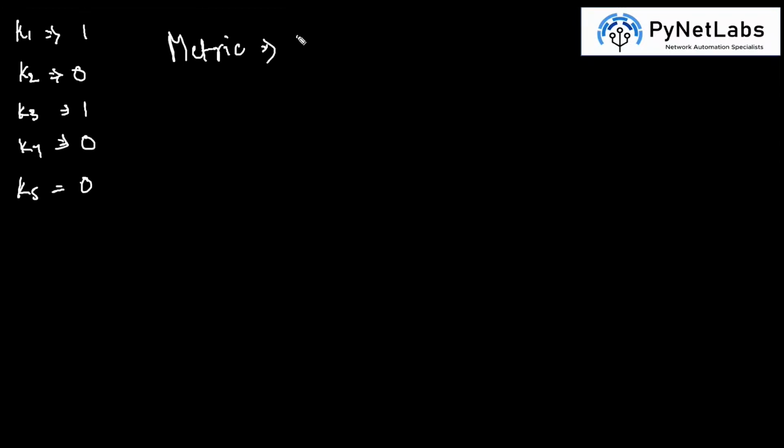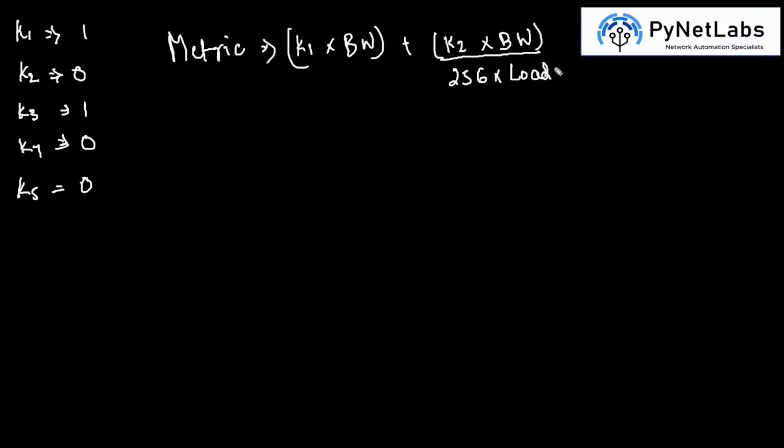The formula looks like K1 multiplied by bandwidth plus K2 multiplied by bandwidth, and this part is also divided by 256 into load. Then after that we have K3 multiplied by delay, and the whole formula gets multiplied by 256.